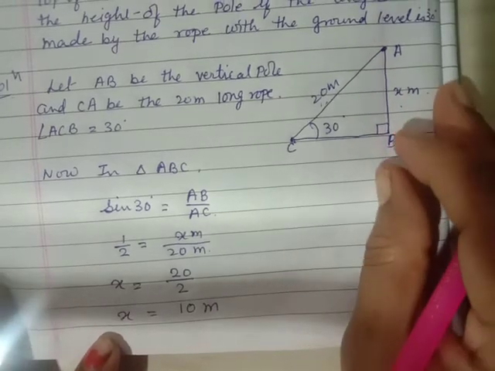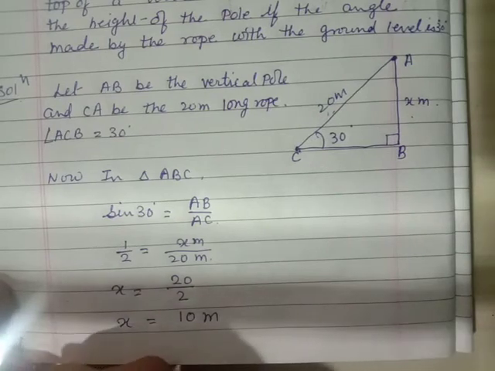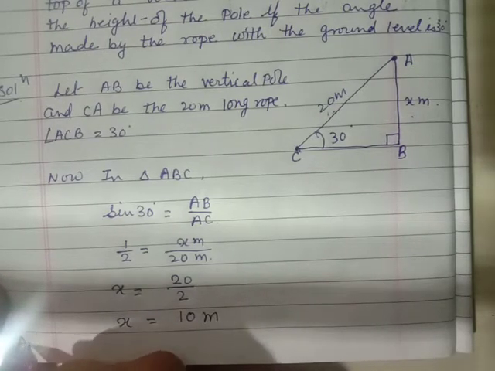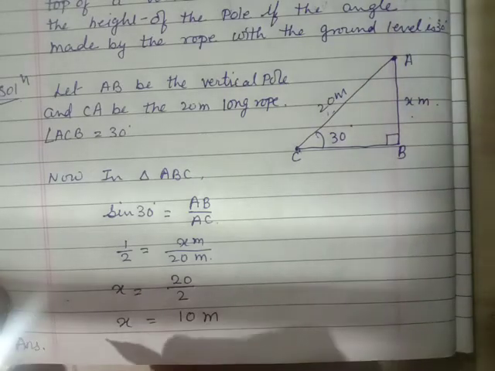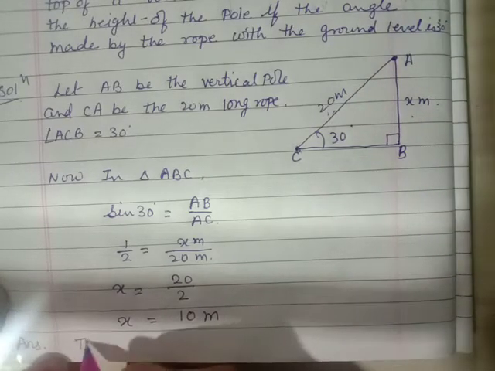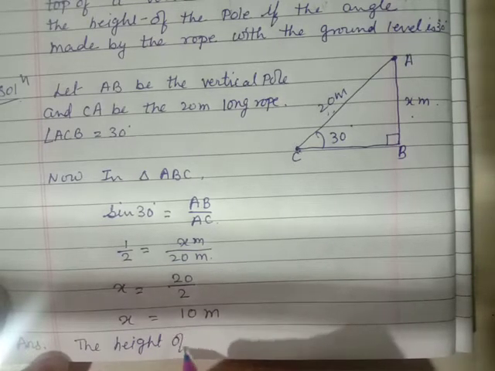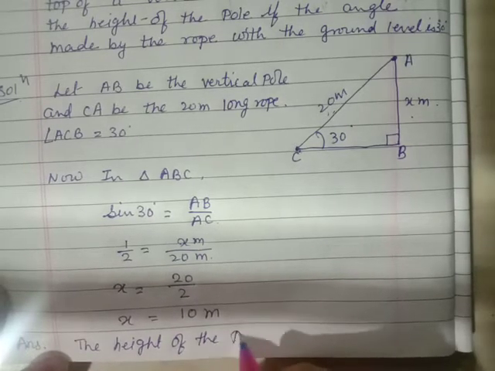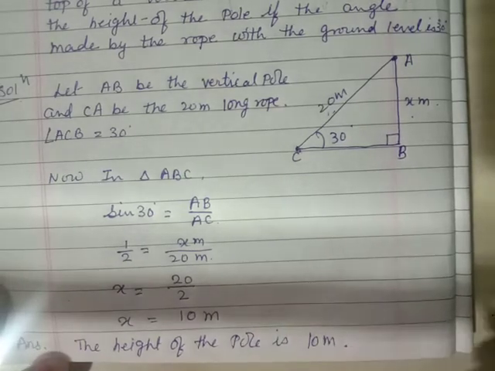Okay, so see how simply we can find any length and distance of any point. So the answer will be written: the height of the pole is 10 meter.